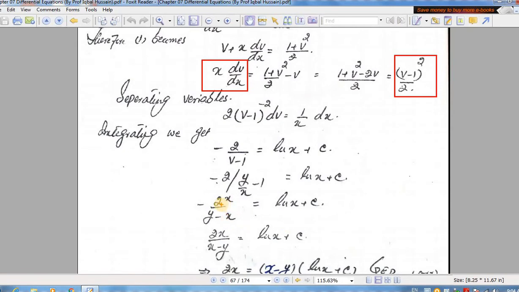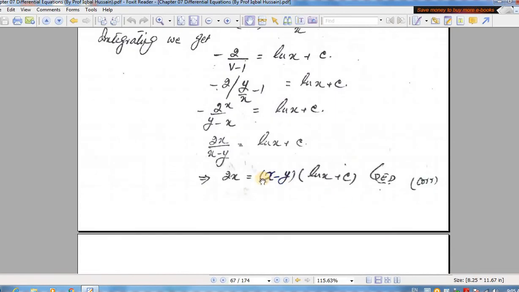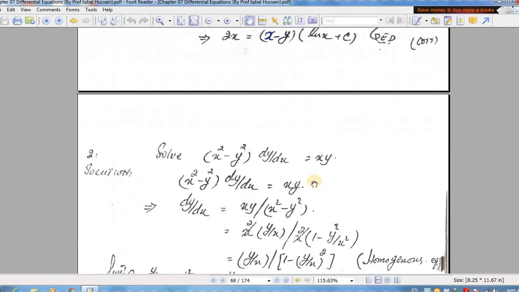Taking the minus from the denominator, it cancels with the minus in front, and we get 2x divided by x minus y is equal to log x plus c. We can further write this as 2x equals x minus y into log x plus c. So finally, this is the general solution.